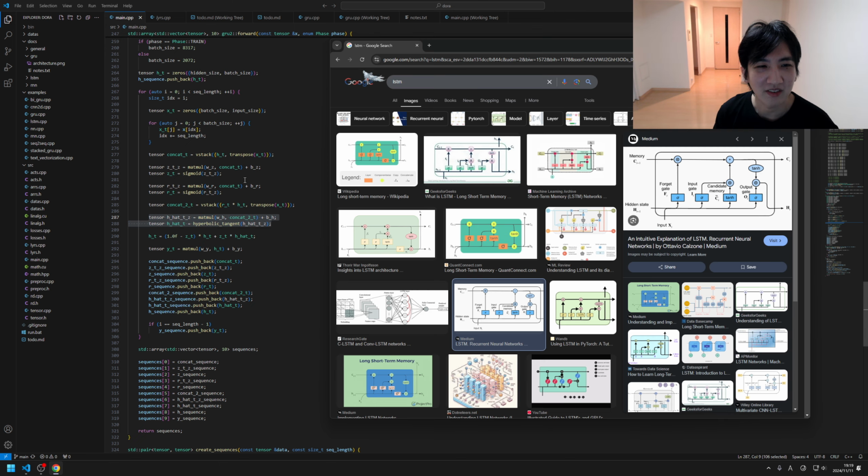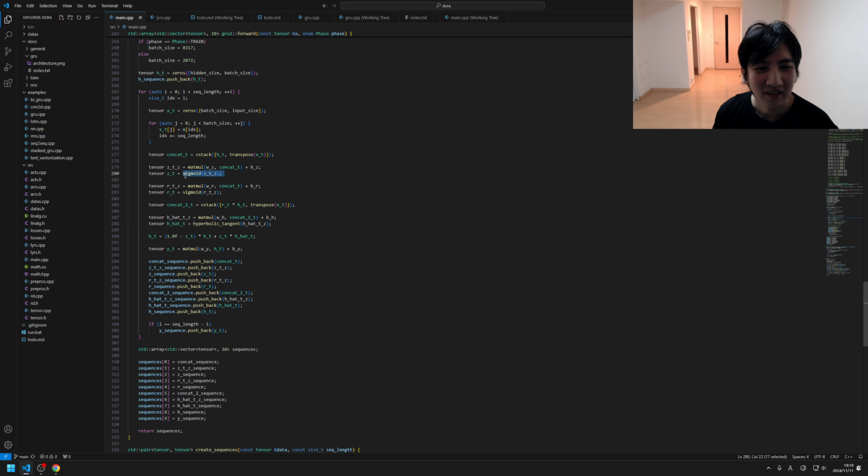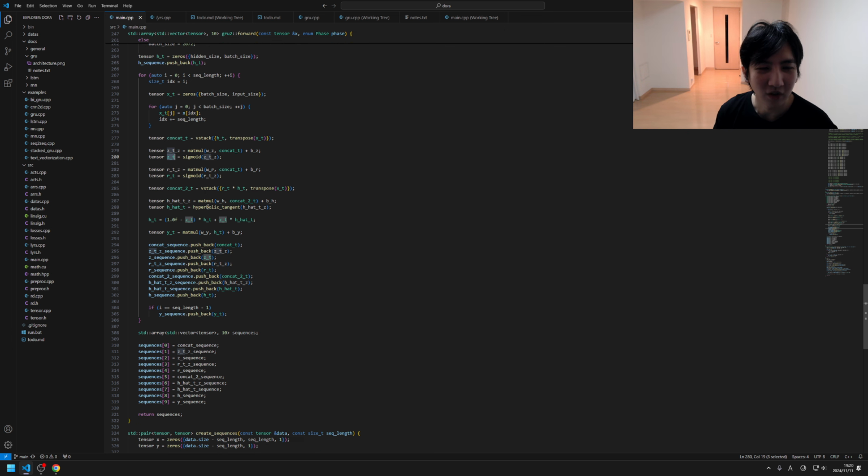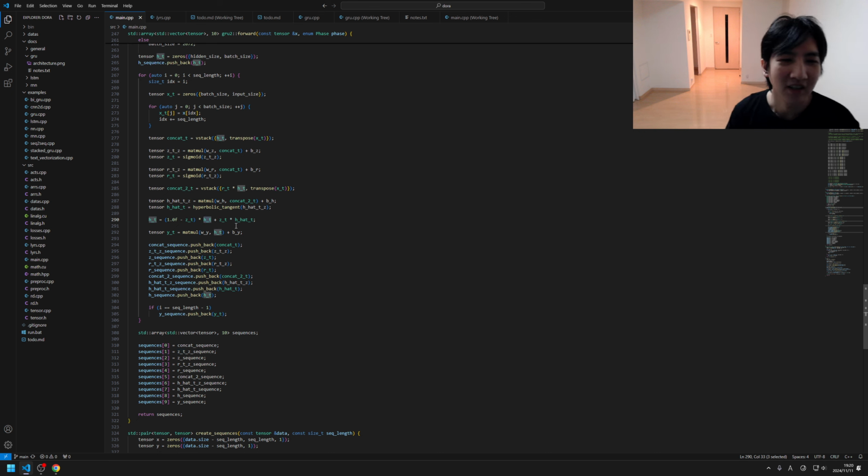So what this forward propagation does is that you see this sigmoid function which generates values between 0 and 1. If this zt was, let's say, 1, and you subtract it from 1, it becomes 0 and is multiplied by the previous hidden states.